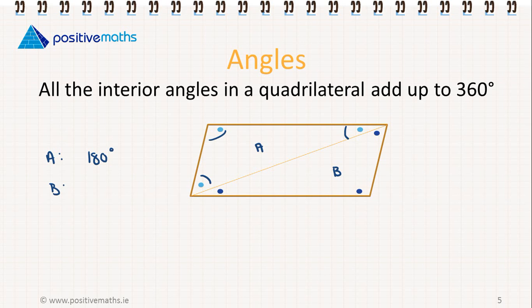B, again, is a triangle. We've marked these angles with a blue dot, and the sum of these three angles, again, is 180 degrees. So therefore, all of the angles in the quadrilateral add up to 360 degrees.